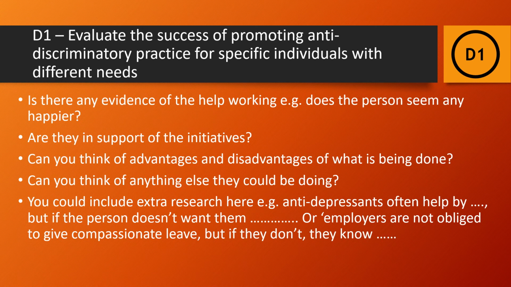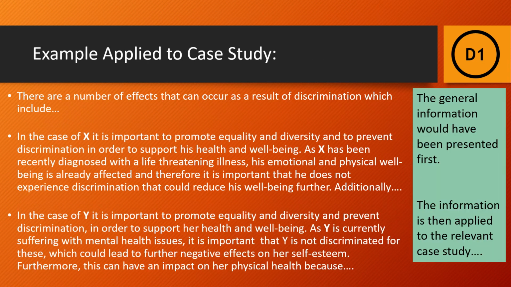And again, try and use extra research, internet research, news articles, anything that can show alternative ways of providing treatment or care for their issue, or news articles that show that some of these measures don't work. For example, employers are not obligated to give compassionate leave, but if they don't, they know there may be consequences. Again, think about what is going on in this case study.